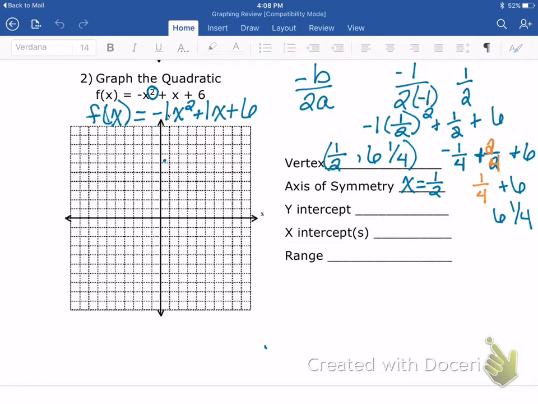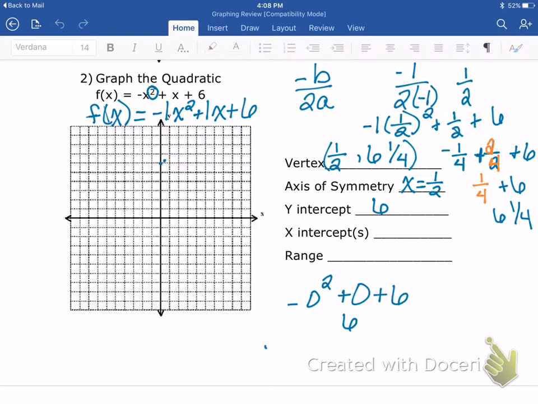So we're going to have negative 0 squared plus 0 plus 6. Okay? So we are left with 6. So our y-intercept is going to be positive 6. And I am going to go ahead and put a dot right there. It's very close to our vertex.